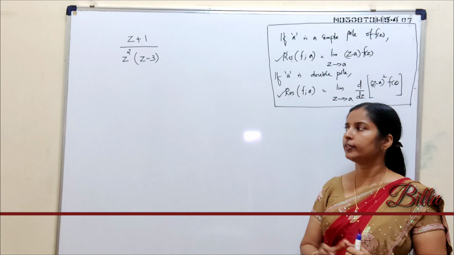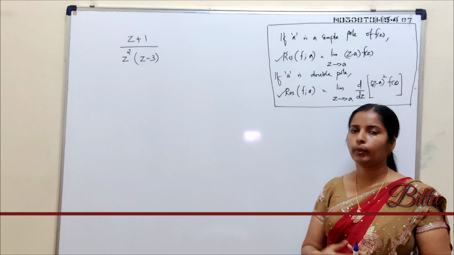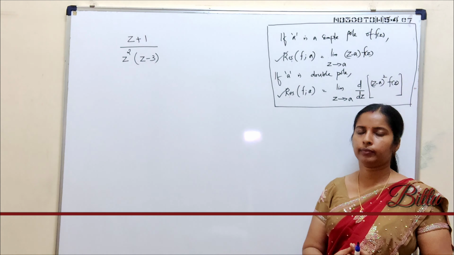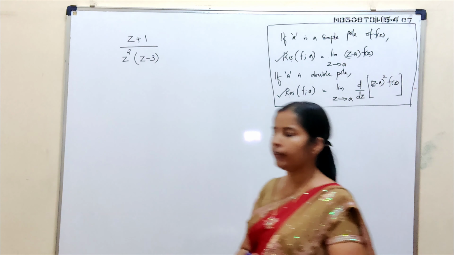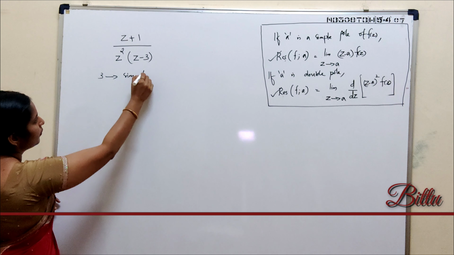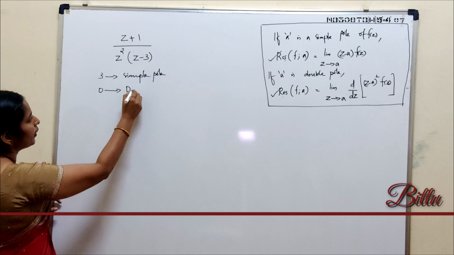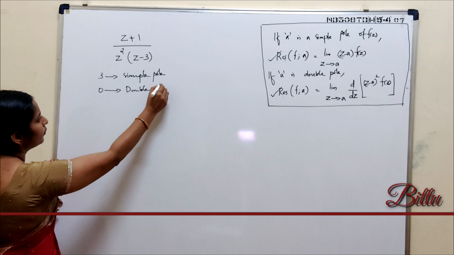So in questions, first you find the residue at the single poles, after that you can calculate the residue at the double poles. Here, 3 is a single pole and 0 is a double pole.